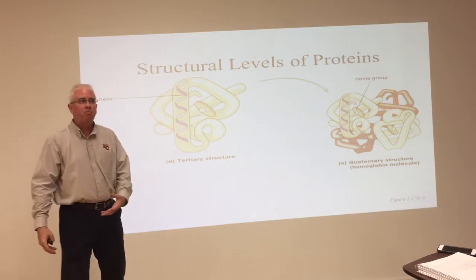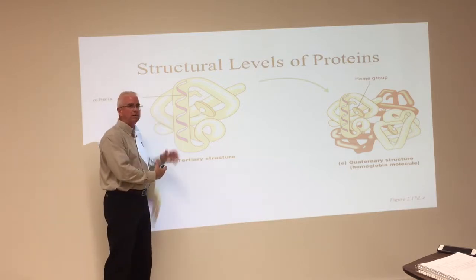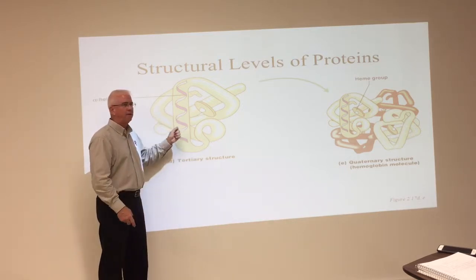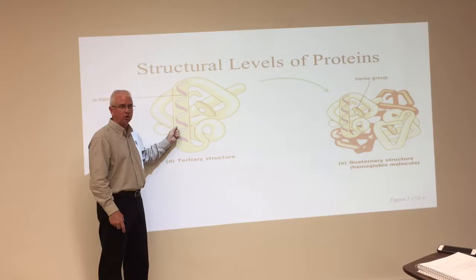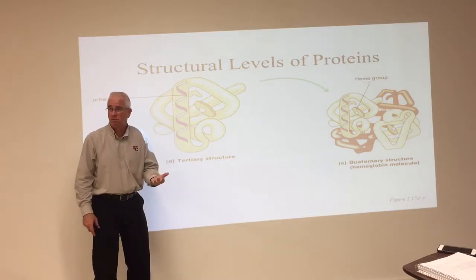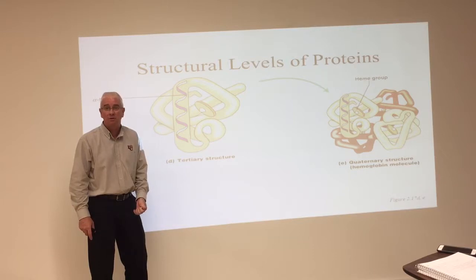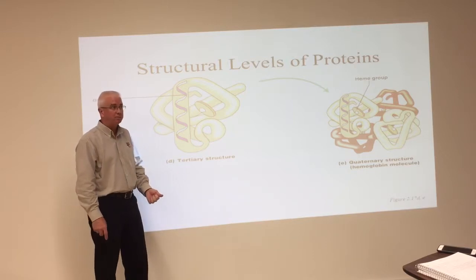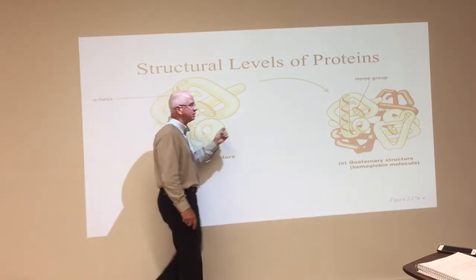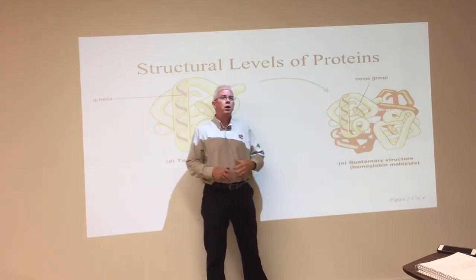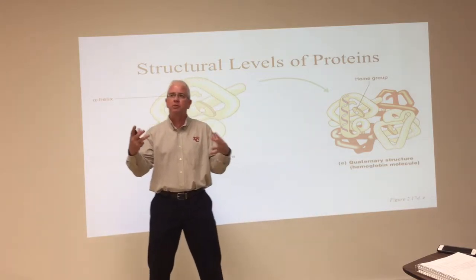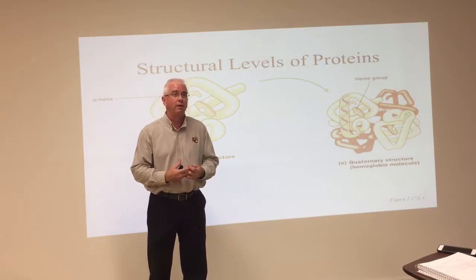As the protein gets bigger and begins to fold up into a ball, we say it has tertiary structure. Very complicated structures. Does it matter how the tertiary structure is made? Does it make any difference? You bet it does. And some proteins, like hemoglobin, are multiple tertiary proteins put together to form one.